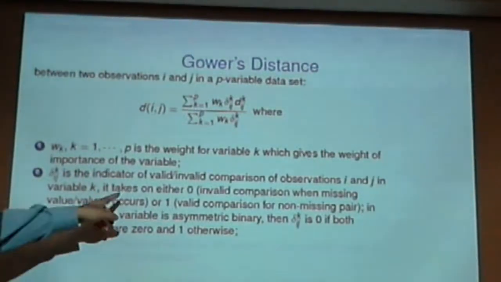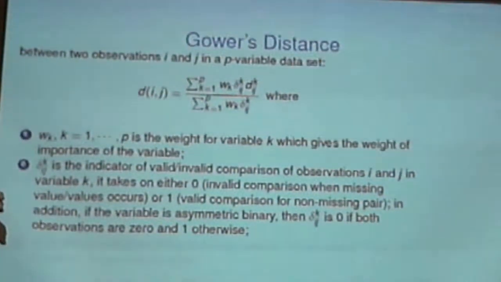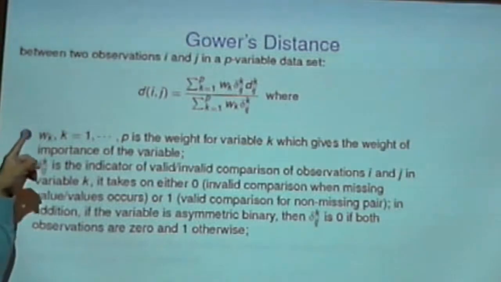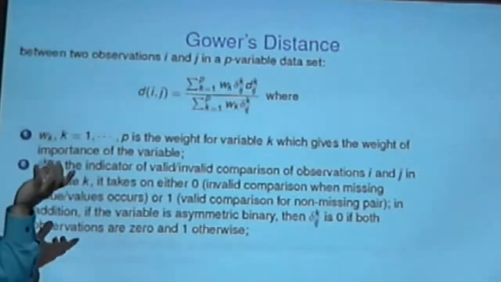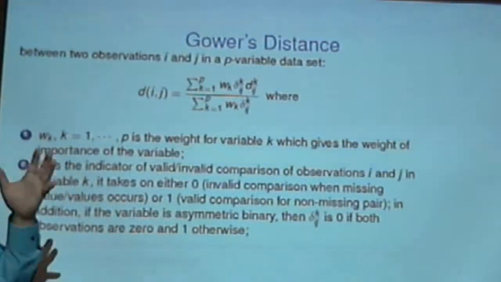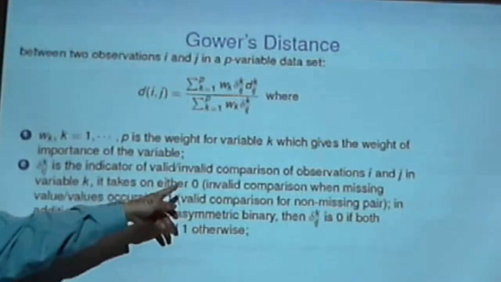It takes 0 in an invalid comparison, when a missing value occurs. If in variable k one of these two objects has a missing value, then this is an invalid comparison, because you don't have information for at least one variable. It doesn't give a valid comparison, so you have a value of 0.